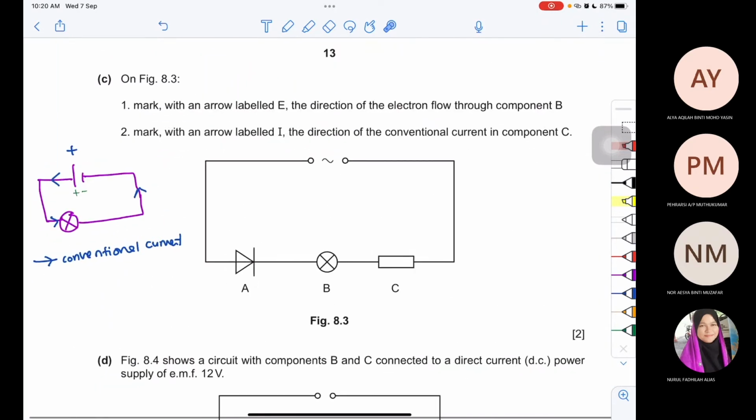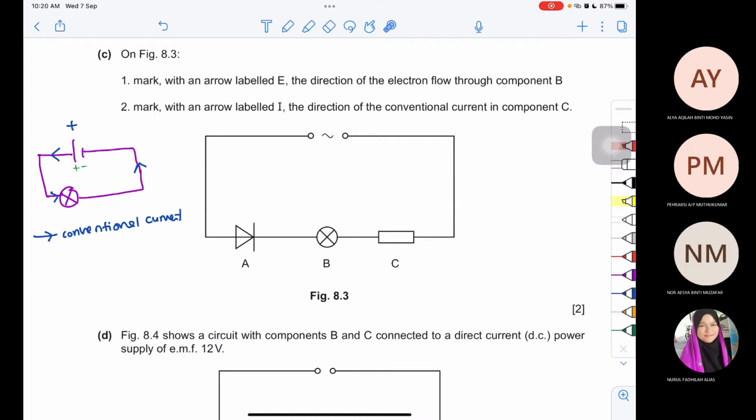Okay, next. On figure 8.3, so ni 8.3. Mark with an arrow label E. You kena label the arrow E, the direction of the electron flow through component B. Okay.